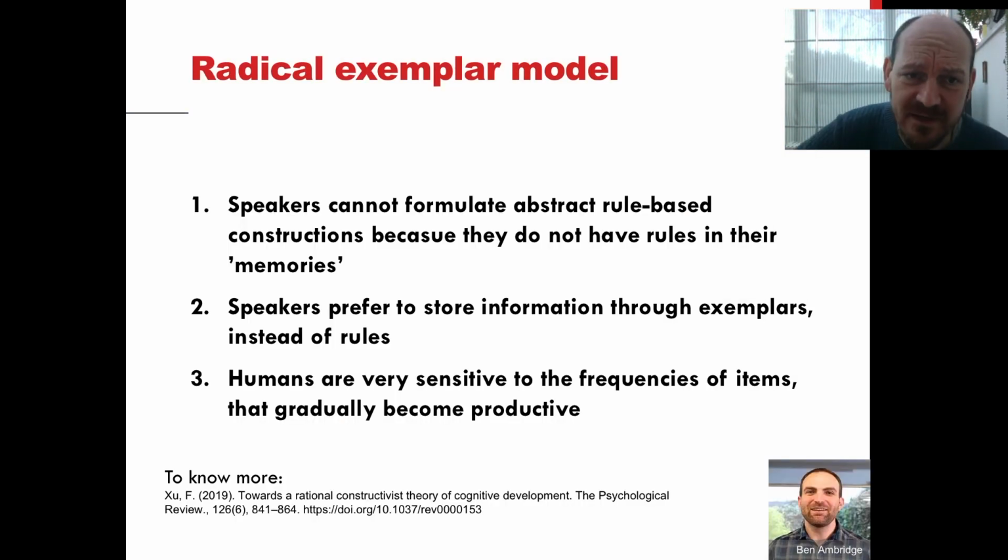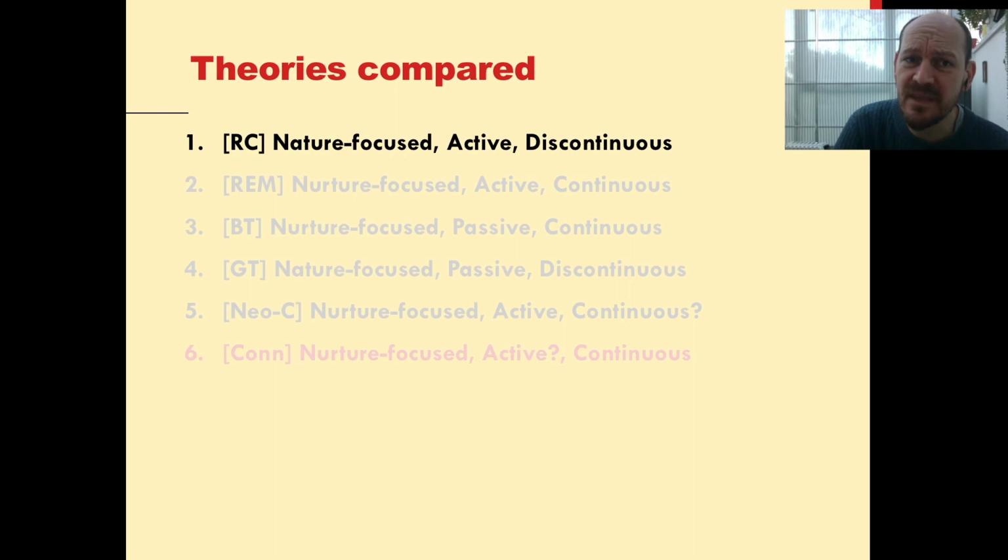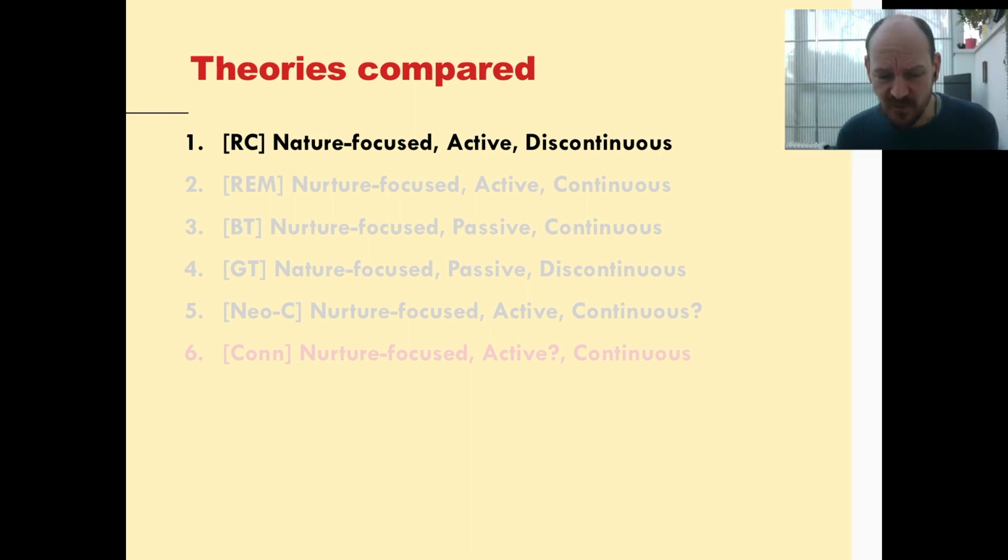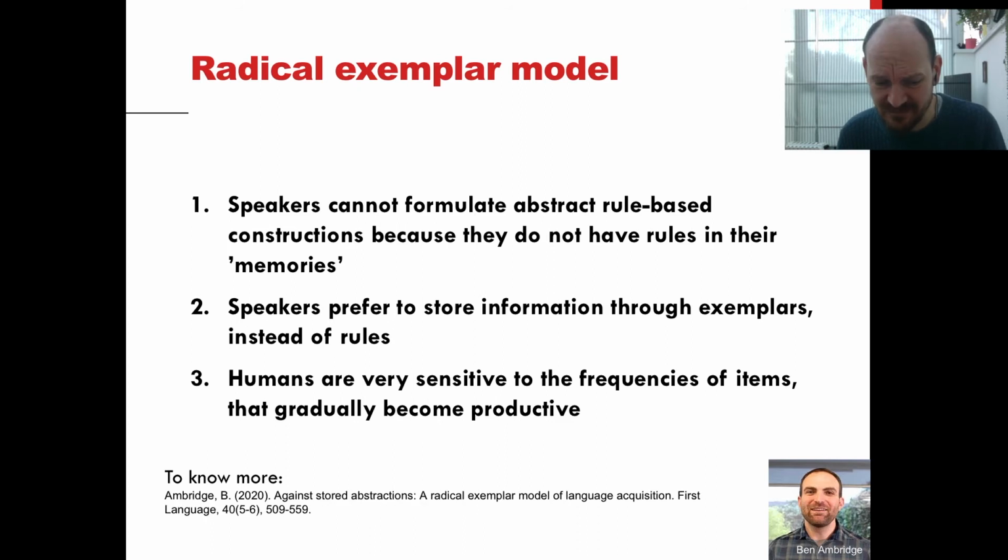So to summarize, this theory is considering that it is a nature-focused process, so very innate. The children are active. It's actually discontinuous because we either acquire one grammatical structure or not.